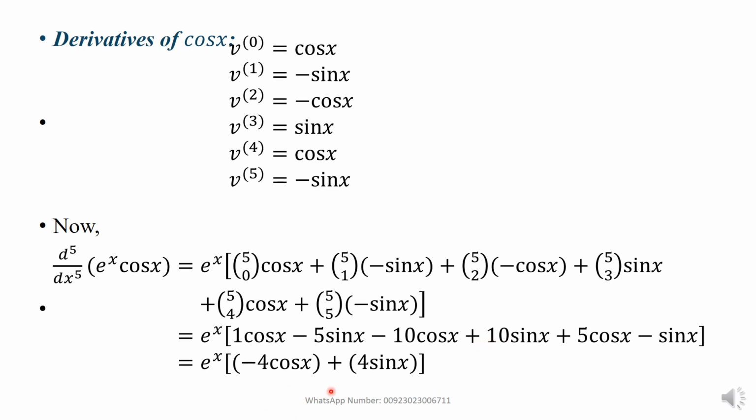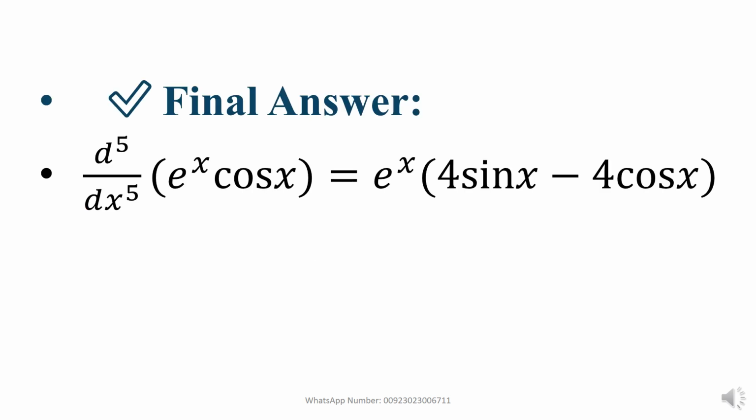We get plus 4 sin x. Final answer: d power 5 divided by dx power 5, means fifth derivative of e power x cos x. We have got this answer. Okay, thank you.